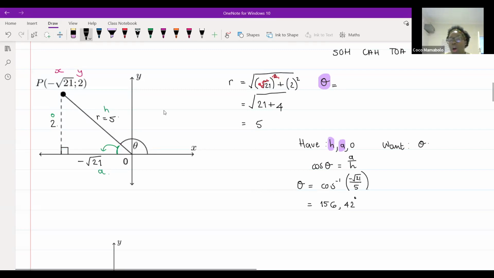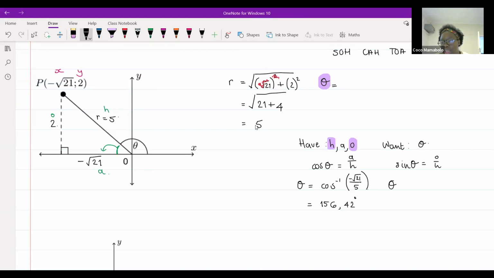Now, what I did instead of using H and A, I used H and O. Now, if I use H and O, which one am I using? Sine or cos or tan? Ma'am, you're using sine. Good. So now if I do this on my calculator, sine of theta is equal to opposite over hypotenuse.